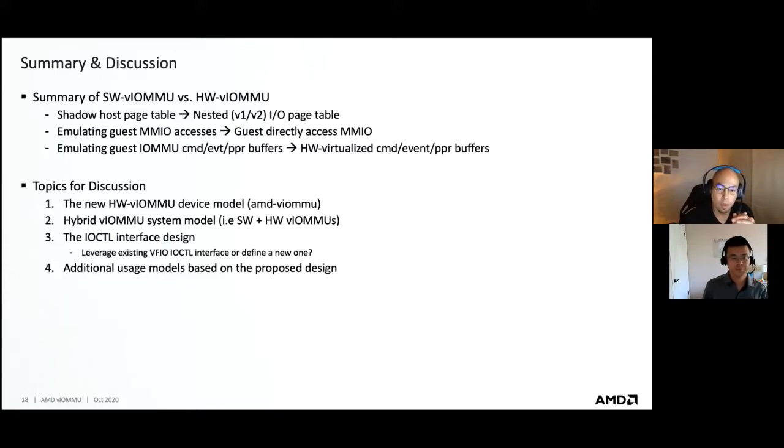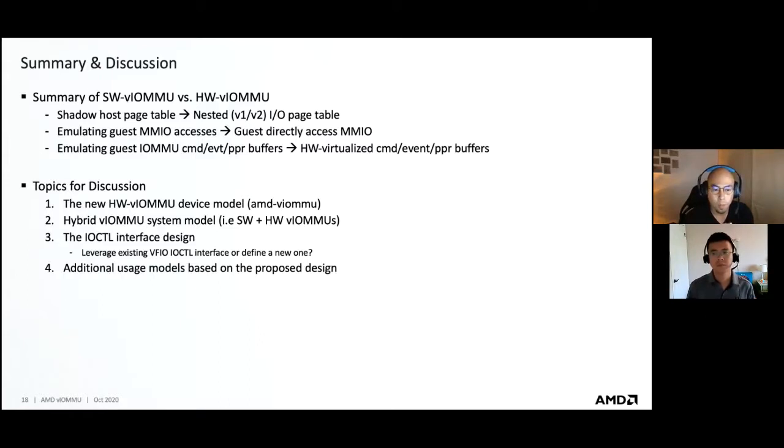Guests can now directly access MMIO registers instead of having them emulated by the hypervisor. Lastly, all the emulation that needs to be done for the command buffer, event buffer, and PPR buffer is now being accelerated by the hardware.